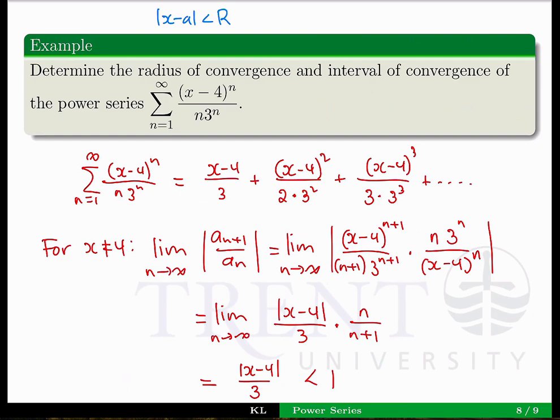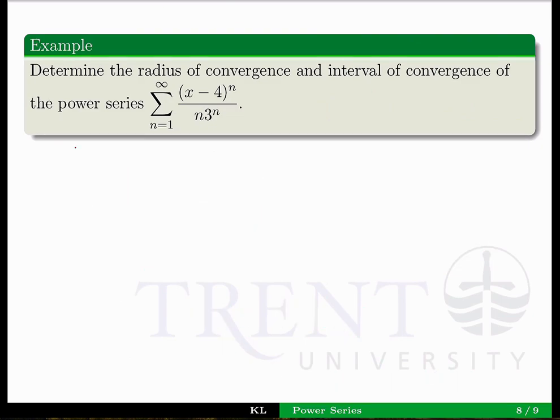But in here, we have the absolute value of x minus a, and there is a denominator here. So we need the absolute value of x minus 4 to be less than 3. Multiply 3 on both sides, you will have less than 3. So what does this mean? So the radius is equal to 3.